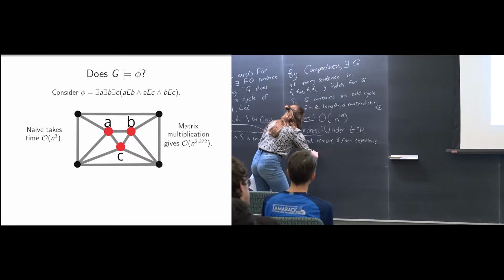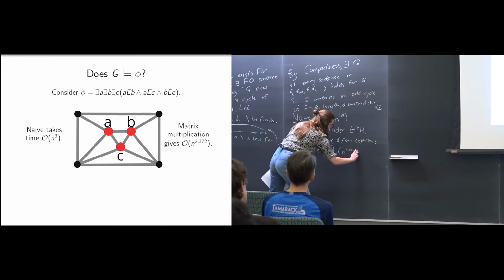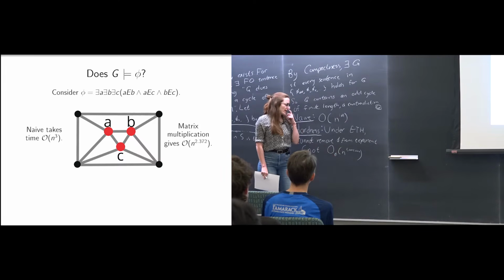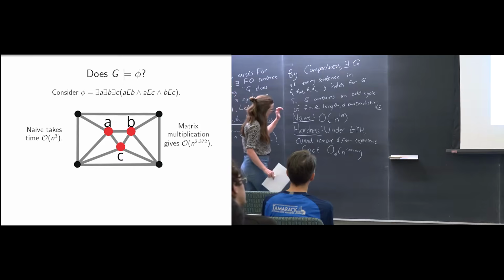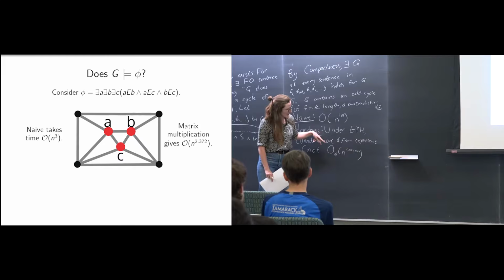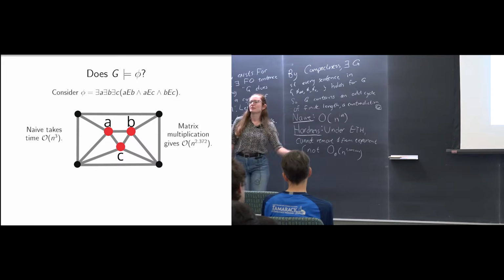And what that means is that you can't do something like, for each fixed first-order sentence phi, have an algorithm that runs in time n to the power million. Right, so for any constant you can put in the exponent, you can't have an algorithm that runs in this time. So intuitively, phi has to be somewhere in the exponent.